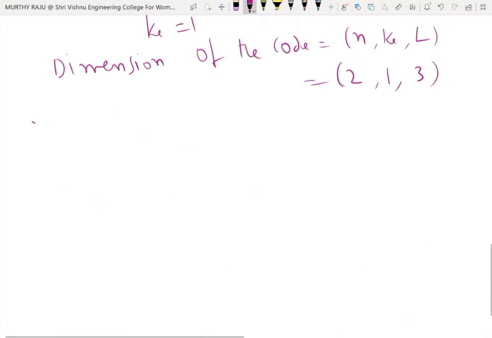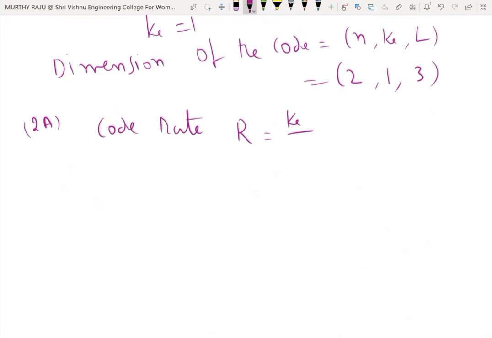Second answer is code rate. Code rate is represented by capital R, that means small k by small n. Here small k is 1, n is 2, so it is a 1/2 rate convolutional encoder. Third answer is constraint length.